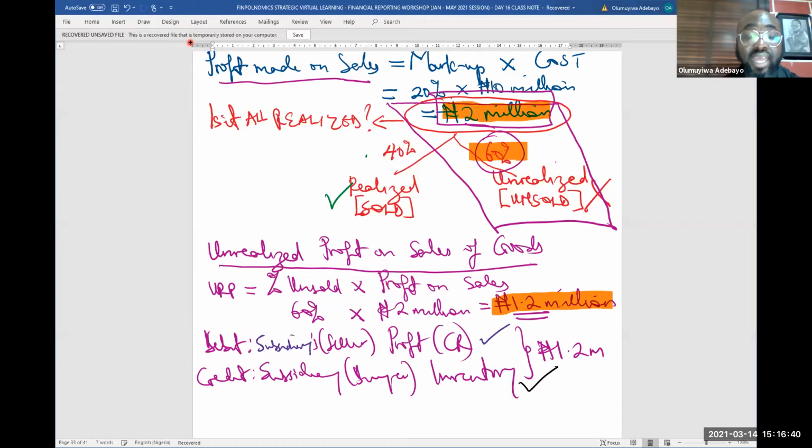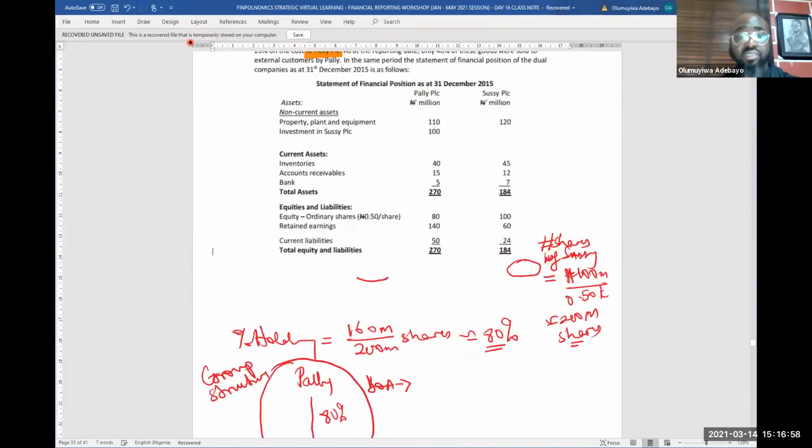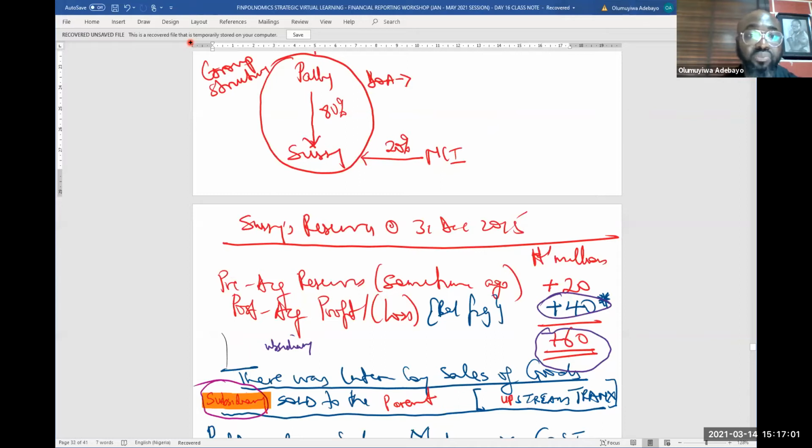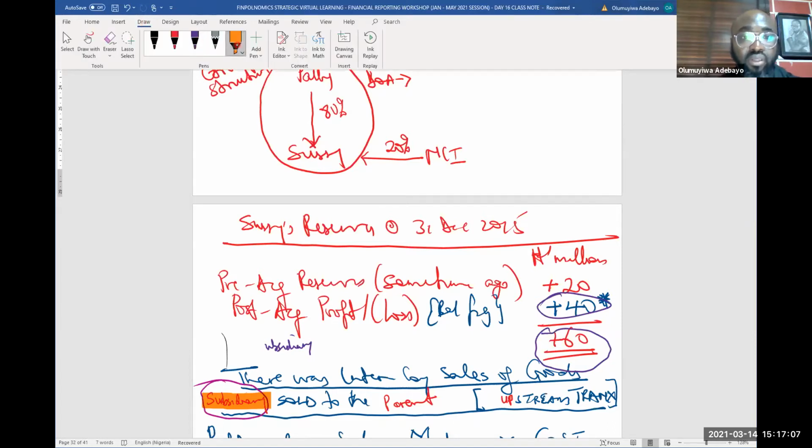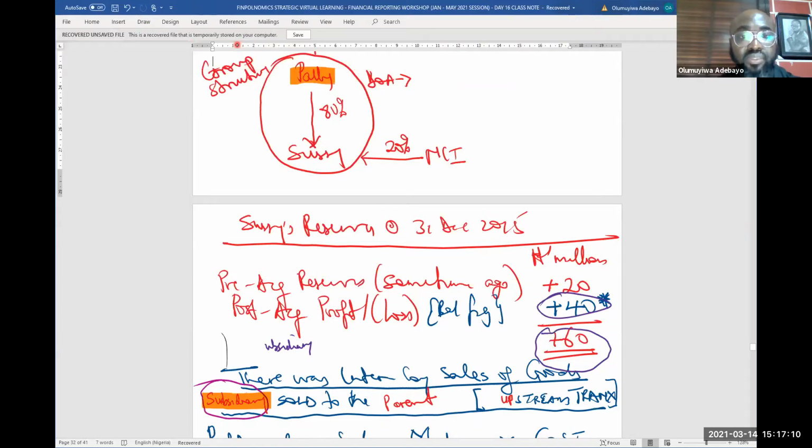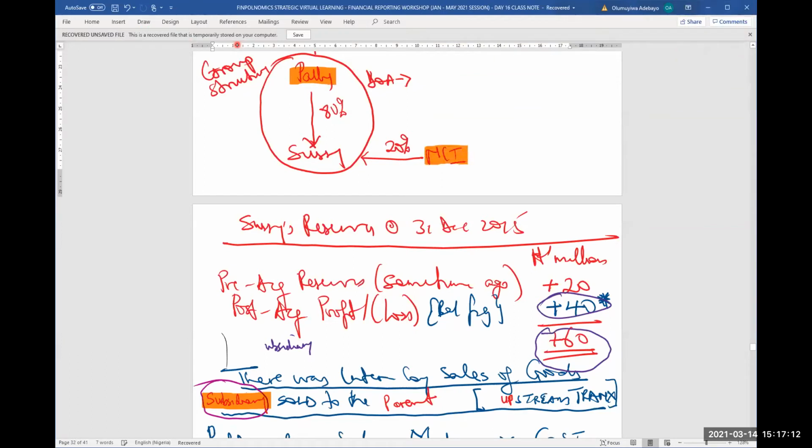Now, the subsidiary profit will reduce by 1.2 million. Invariably, who will be affected by the reduction of 1.2 million naira in the subsidiary's profit? It is nobody other than the shareholders of the subsidiary. And who are the shareholders of the subsidiary, if you could recall? The shareholders of the subsidiary, in this case, are the parent and NCI.